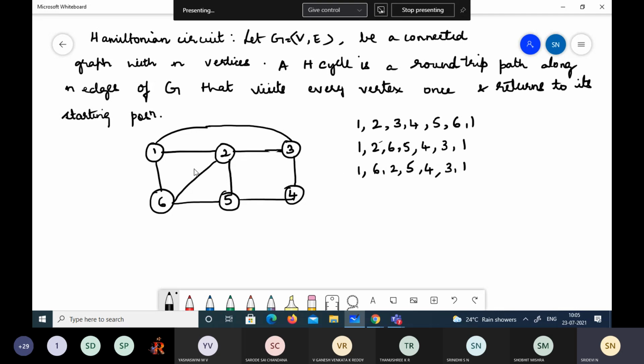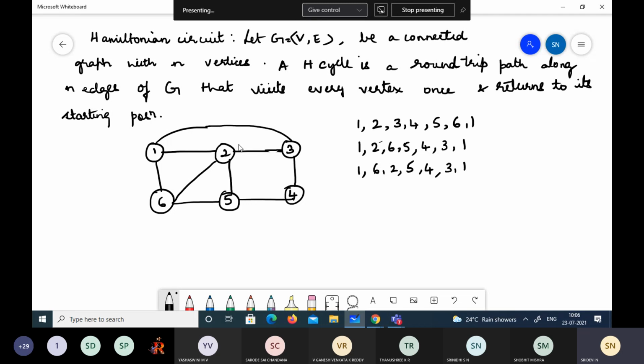The vertices of the graph are visited in order, and also the edges. You should see that all vertices are distinct except the first one and the last one, because they should form a cycle; the first and last should be the same. So this is a Hamiltonian cycle. There can also be graphs with no Hamiltonian cycle.